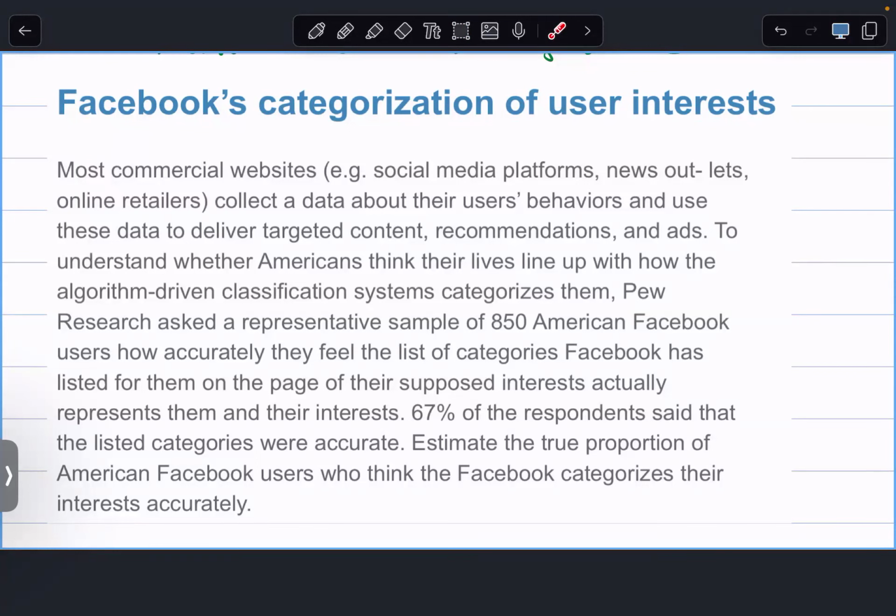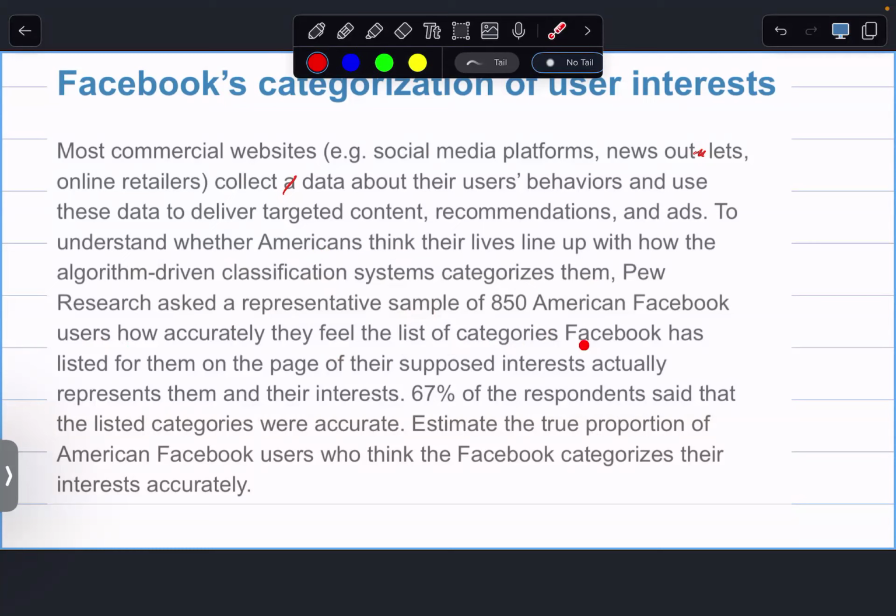To understand whether Americans think their lives line up with how the algorithm-driven classification system categorizes them, Pew Research asked a representative sample of 850 American Facebook users how accurately they feel the list of categories Facebook has listed for them on the page of their supposed interest actually represents them and their interests. Oof, so long.